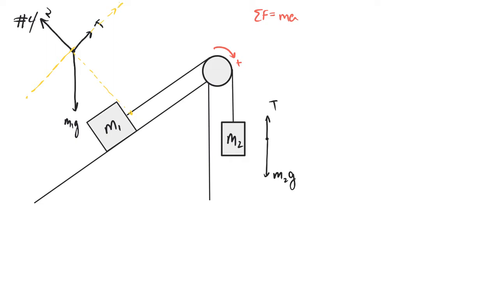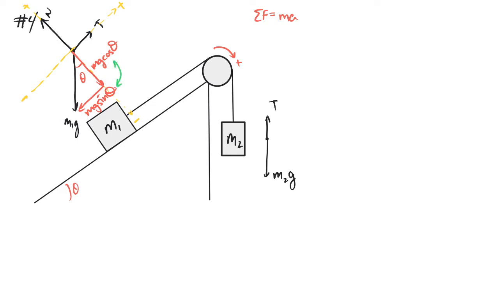Now we're going to make this the positive direction, and this negative, and this positive, this negative. So based on that, this is theta from there. So I will have an mg cosine theta that way, and an mg sine theta that way.